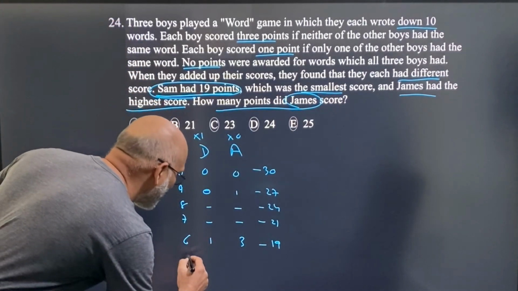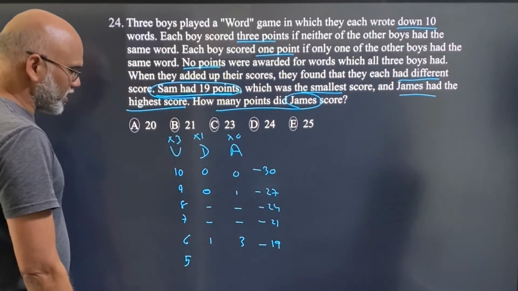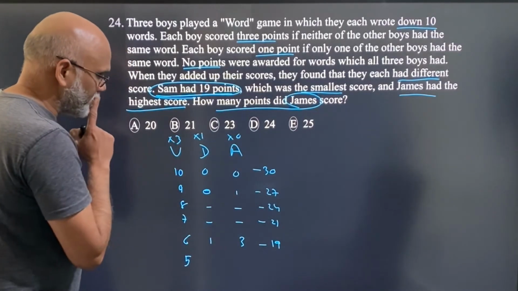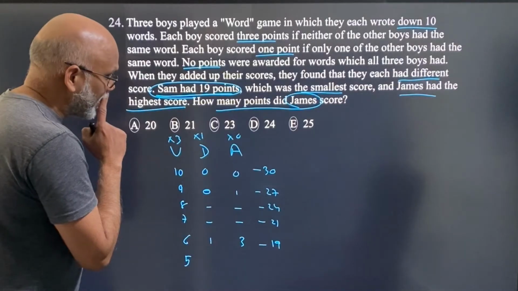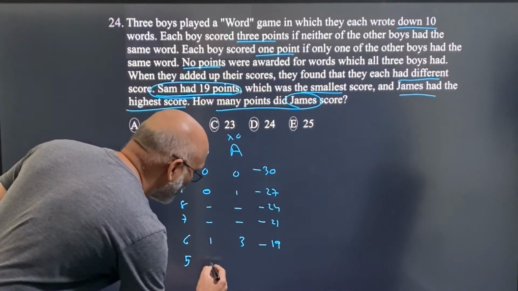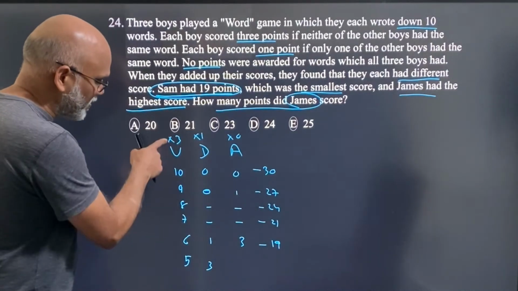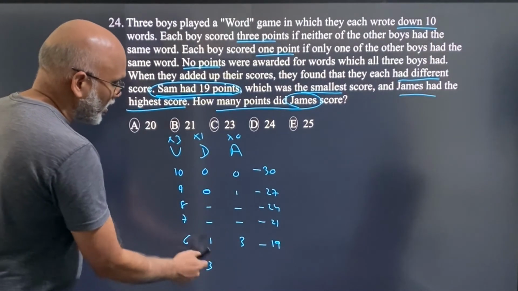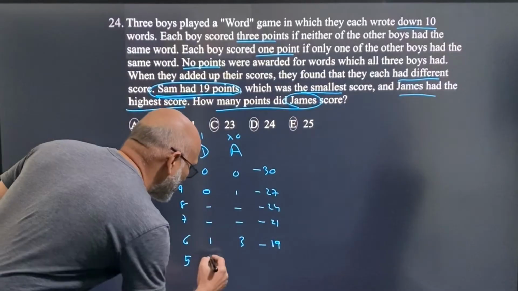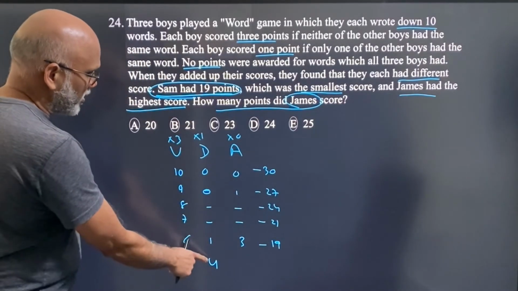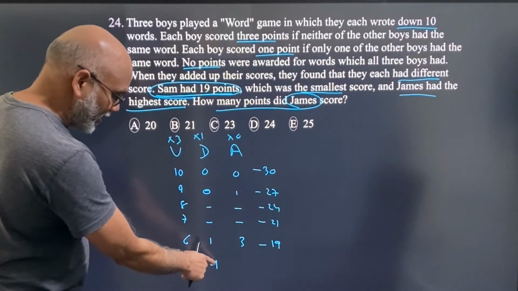How about if he had 5 unique words? So if he had 5, he would get 15. 5 times 3 is 15. And then he needs to get 3 more with duplicate with one other person, right? Sorry, he needs to get 4 more, right? So 5 times 3 is 15, plus 4 is 19.